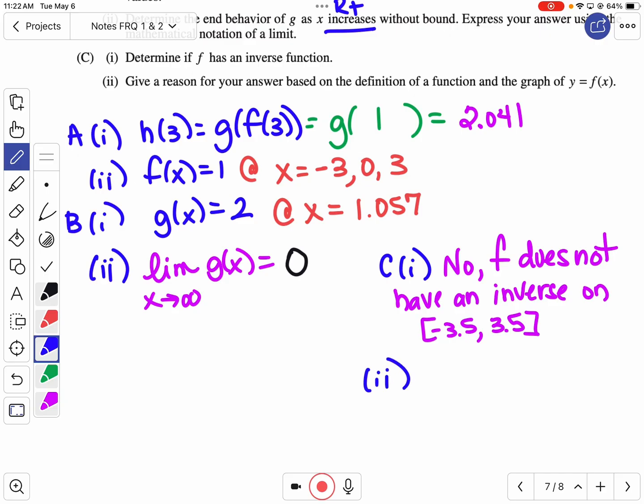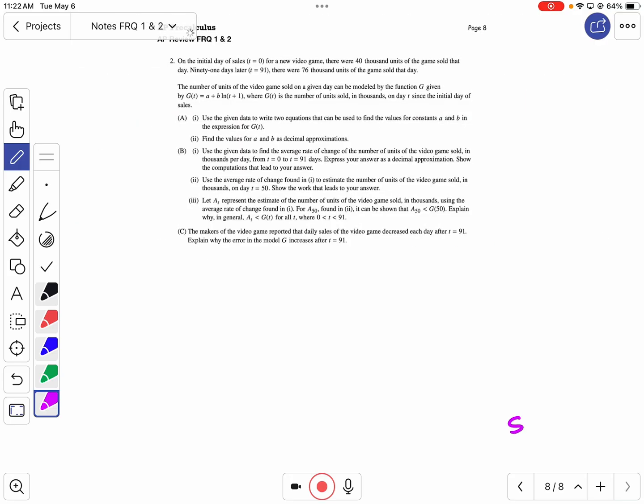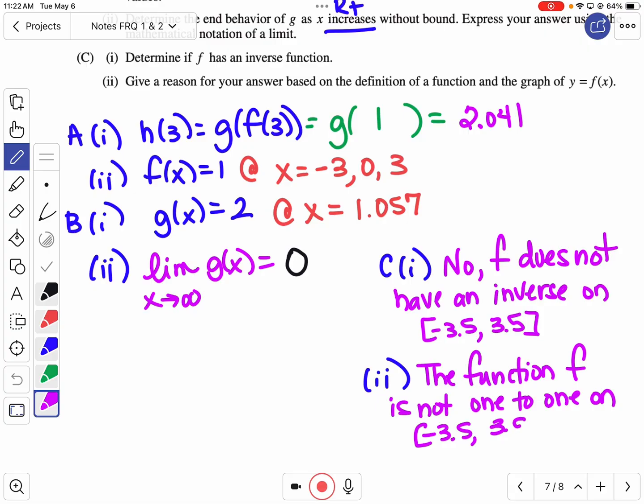Part 2, however, is where we have to tell it why. Give a reason. The easiest reason would be this: the function f is not 1-to-1 on negative 3.5 to 3.5.